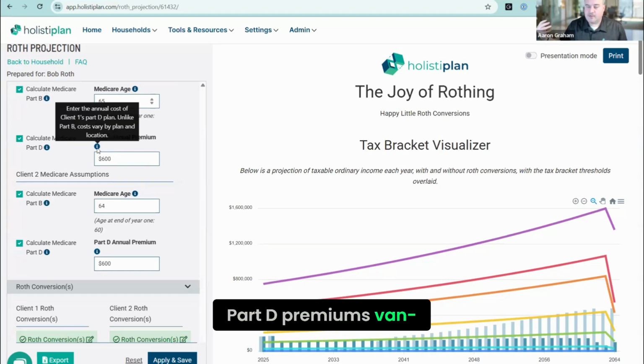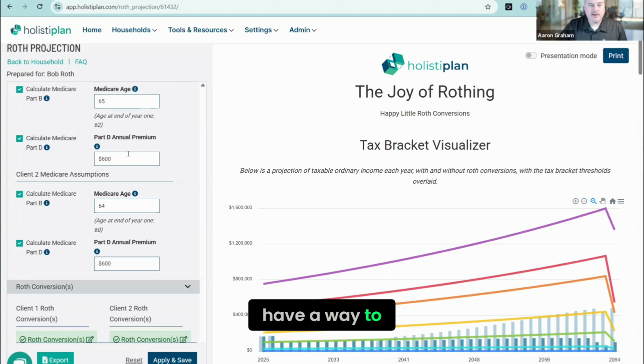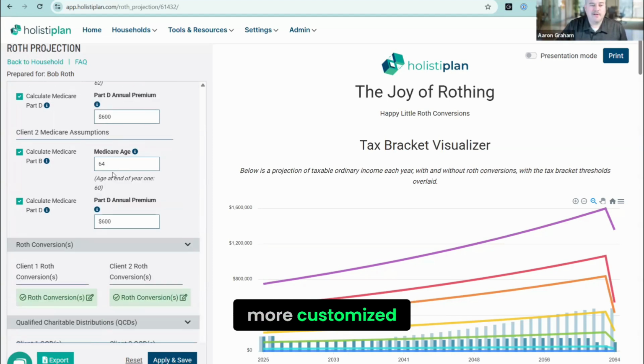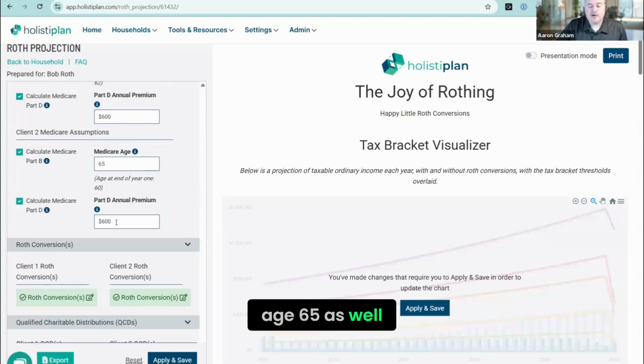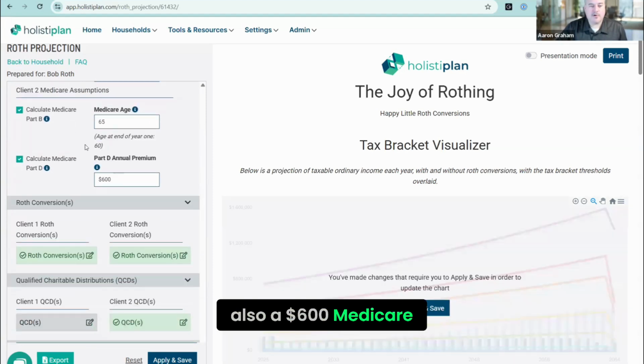Part D premiums vary by zip code and by the plan you select, so we don't really have a way to calculate that because it is a little bit more customized. We're going to have Jane receiving her Medicare at age 65 as well, also a $600 Medicare Part D premium. We're going to apply and save.